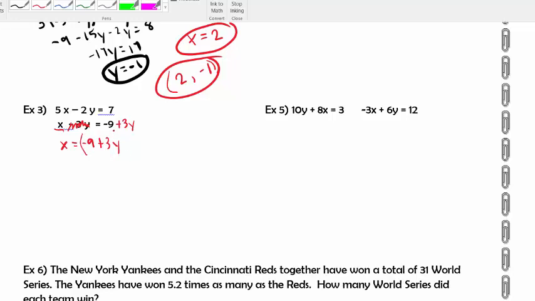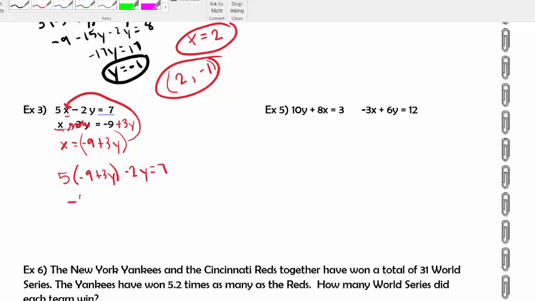And now we're going to take that expression and we're going to put it in for x up top. So I want to see 5 parenthesis negative 9 plus 3y. So that's your new x. Everything else you just kind of leave alone.